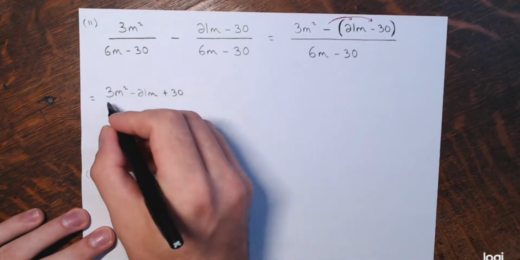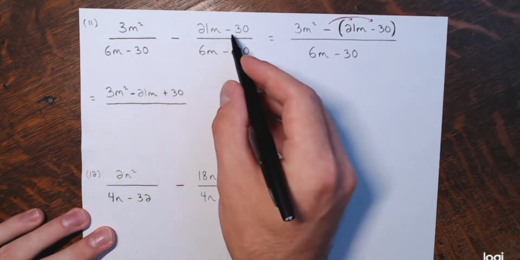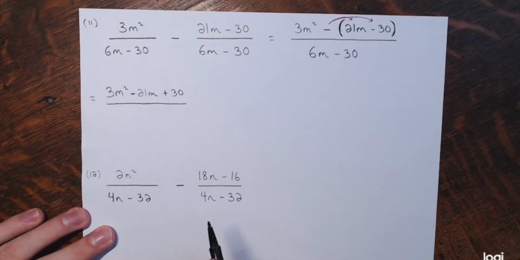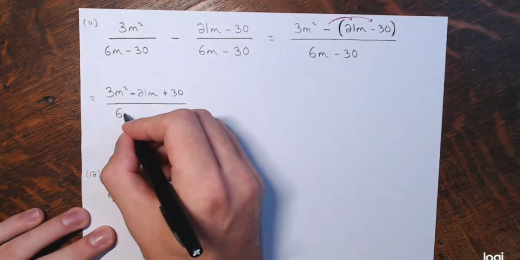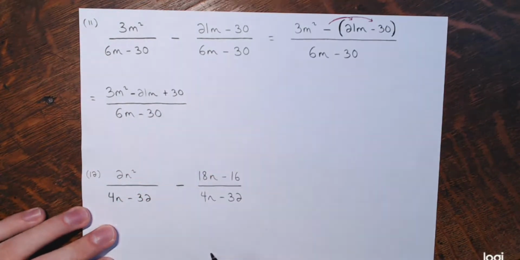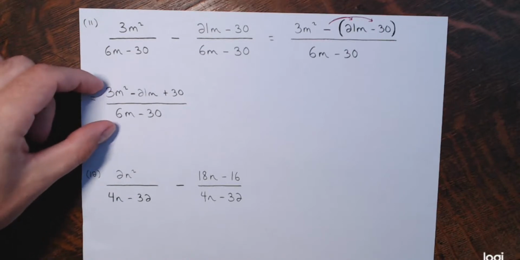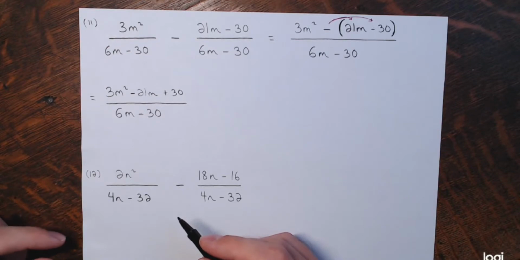I hope that's clear. When you're subtracting an expression with multiple terms, you're subtracting every single term, distributing the negative. And then we still have that common denominator of 6m minus 30. Great. So here's the difference. This fraction is the difference in these two fractions. It's just not simplified, that's all.